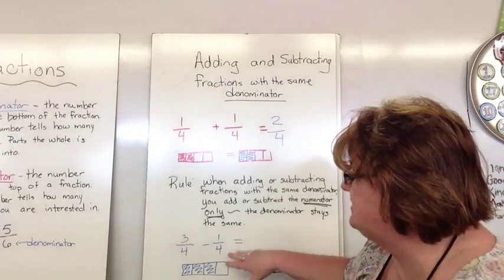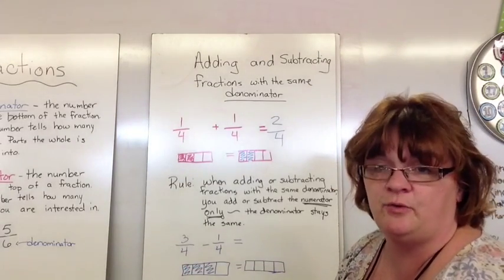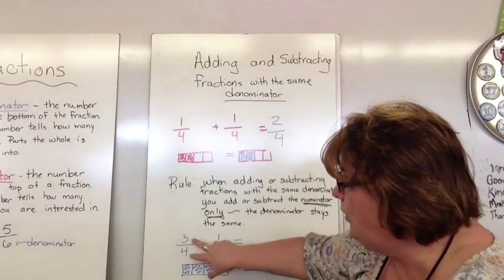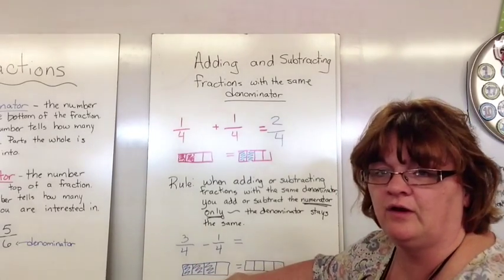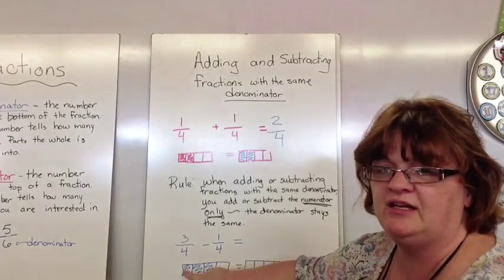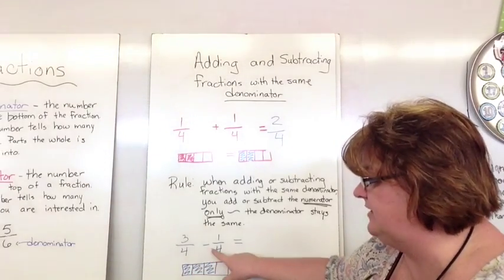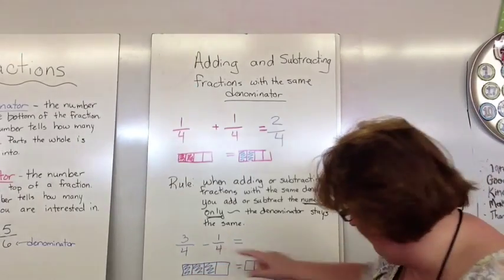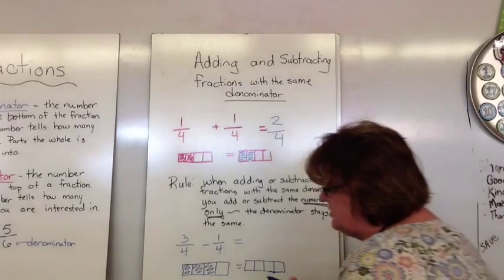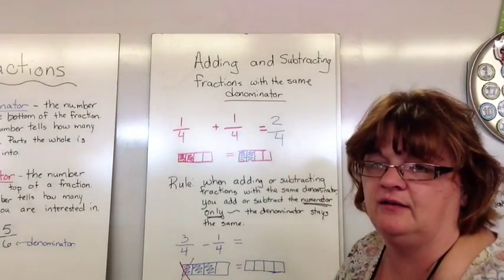Okay, let's go ahead and talk about this subtraction one that I have down here. You can write all of this into your practice section. What happens if we have 3/4? Here's my candy bar and it's broken into 4 pieces. I've shaded 3 of them. So what happens when I have 3/4 and I want to subtract 1/4 of that? That means I'm going to take 1 away because it fell on the floor and I couldn't eat it.